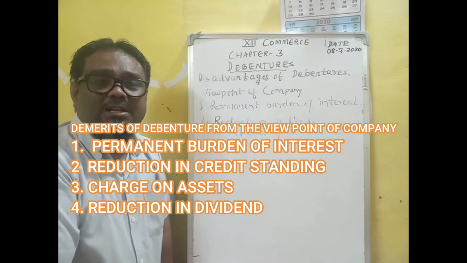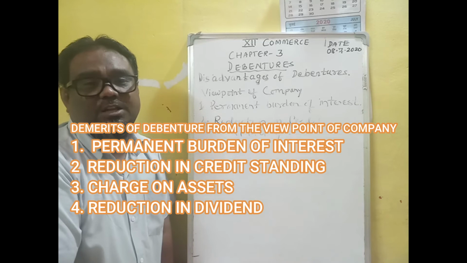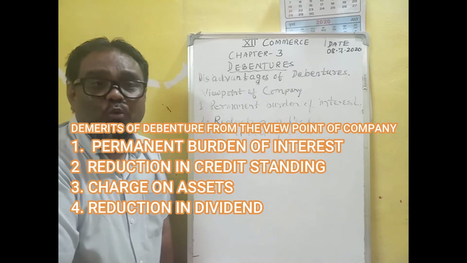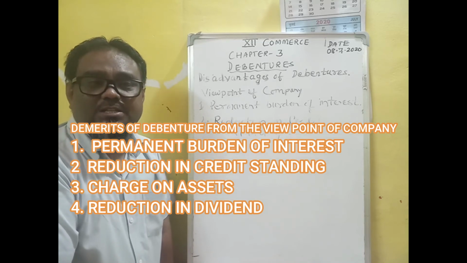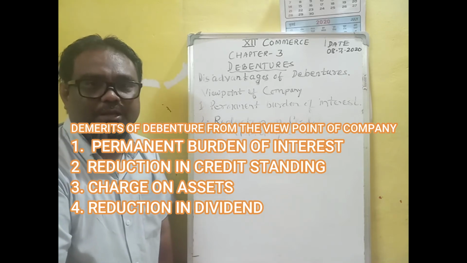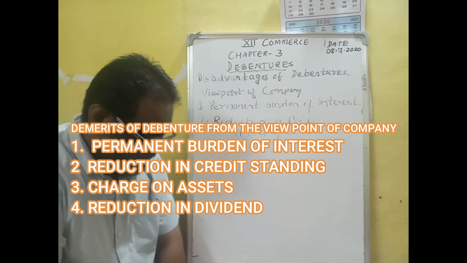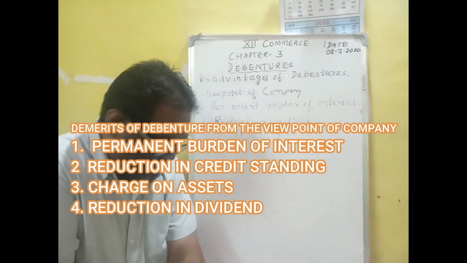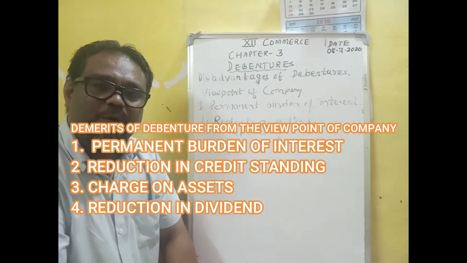This may result in a decrease in the goodwill of the company. It will hamper the reputation of the company. So this is the drawback of debentures from the viewpoint of the company.